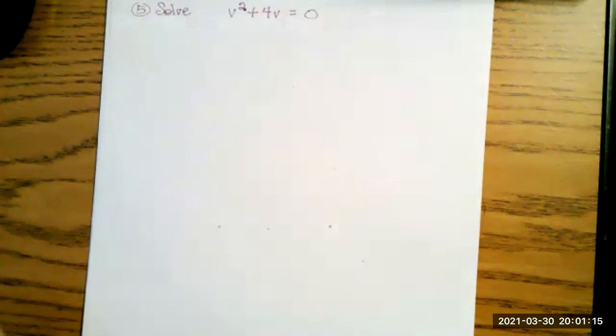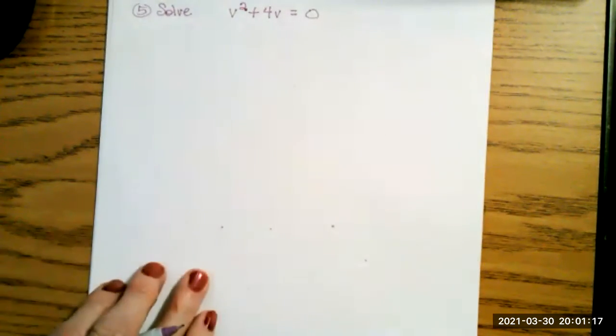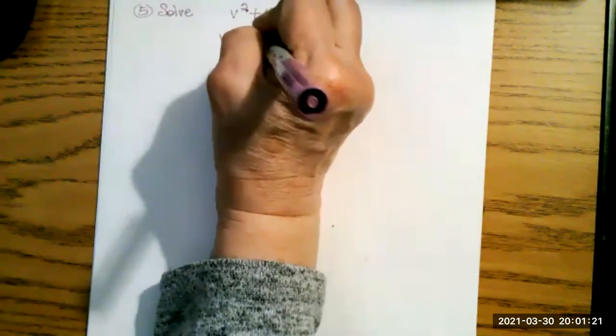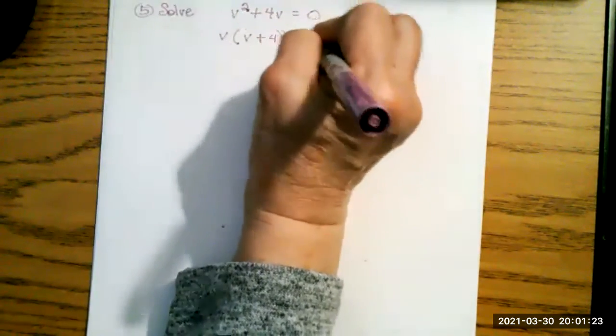All right, let's look at number 5. Number 5 has a different wording. It doesn't say factor, it says solve. And they give us v squared plus 4v equals 0. So we have to take out our v first, and we get v times v plus 4 equal to 0.